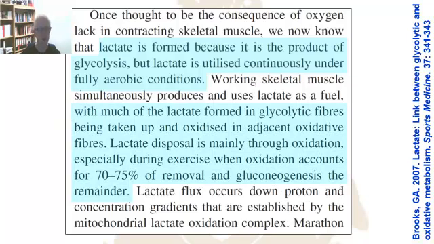Working skeletal muscle simultaneously produces and uses lactate as a fuel, as we've just suggested, with much of the lactate formed in glycolytic fibers being taken up and oxidized in adjacent oxidative fibers. Lactate disposal is mainly through oxidation, especially during exercise, when oxidation accounts for 70 to 75% of removal, and gluconeogenesis the remainder.